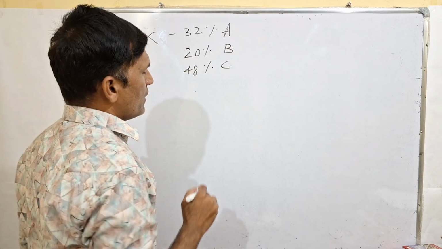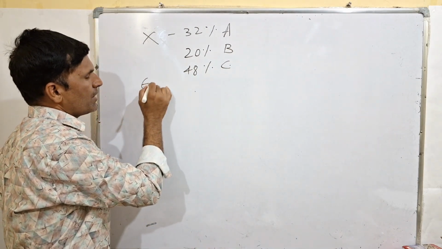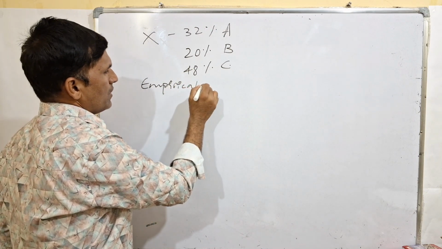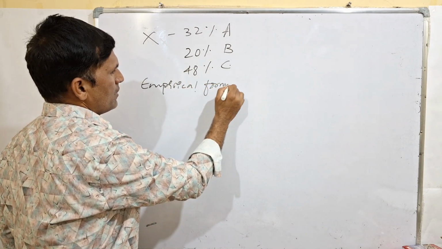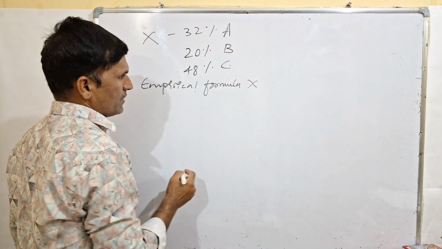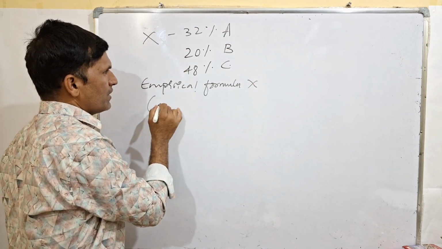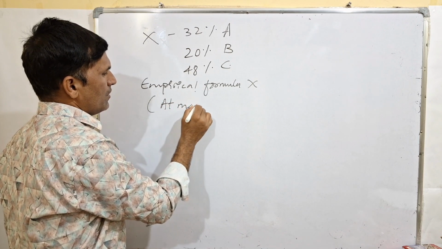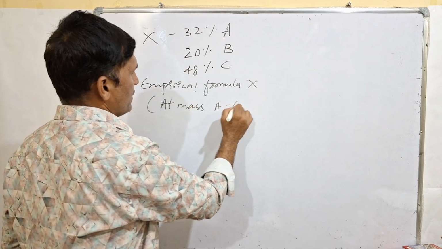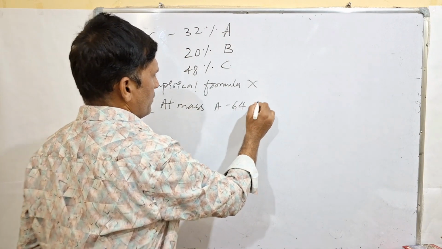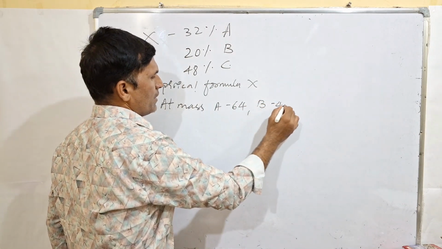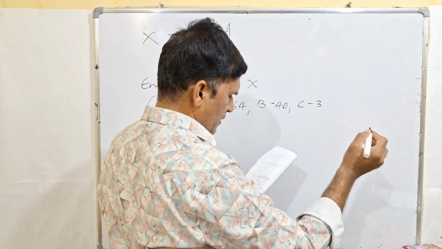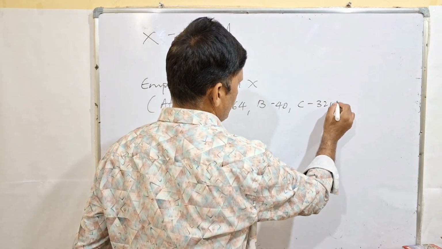Okay. So now what he is asking, what is the empirical formula for X? And he has given the atomic masses of A as 64, B as 40, and C is 32 units.